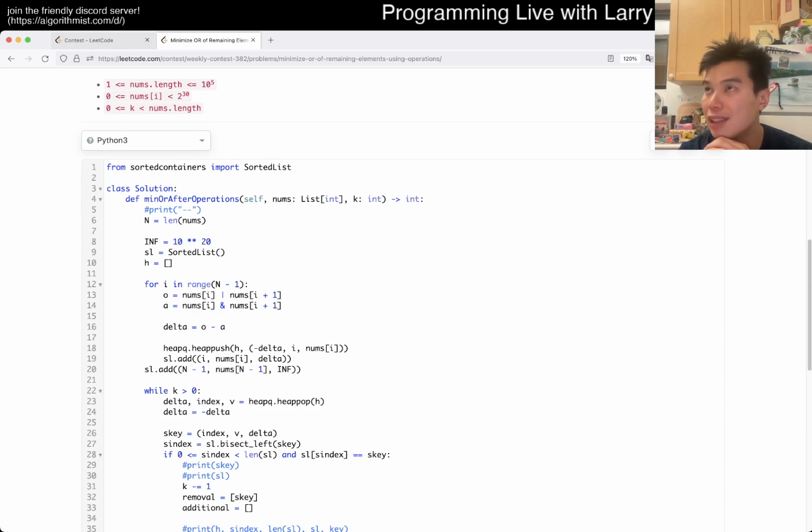And log, that's too many log n's. If we sort every time we have a new bit, 30 times 30, that's going to be too slow.